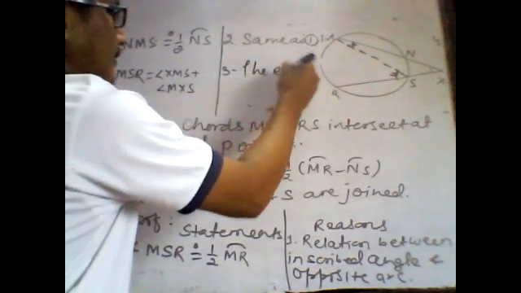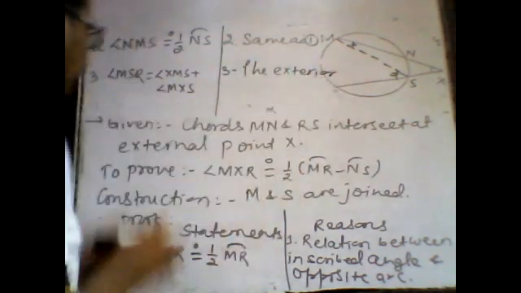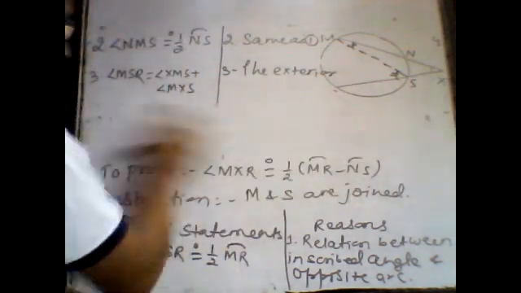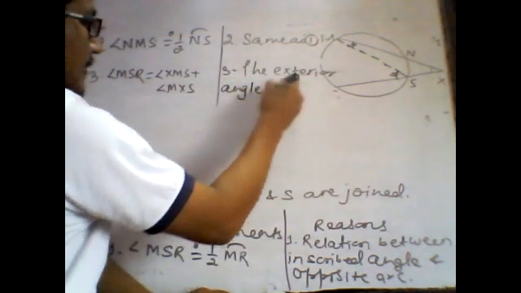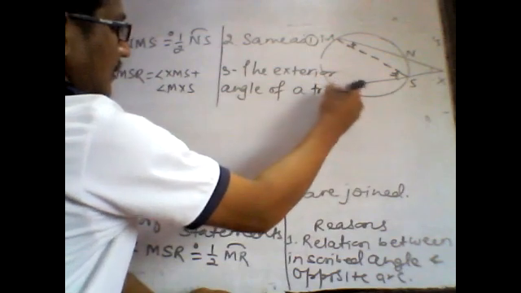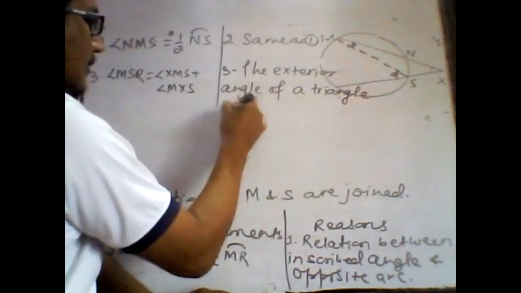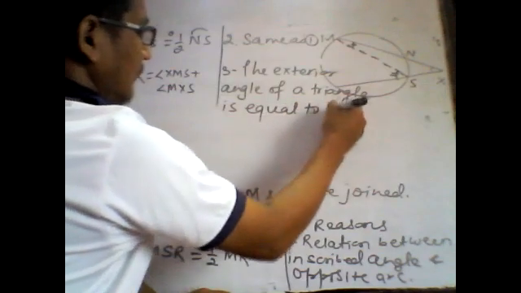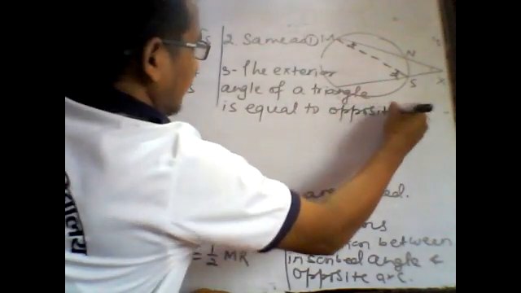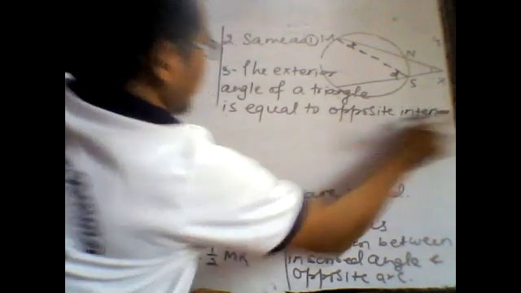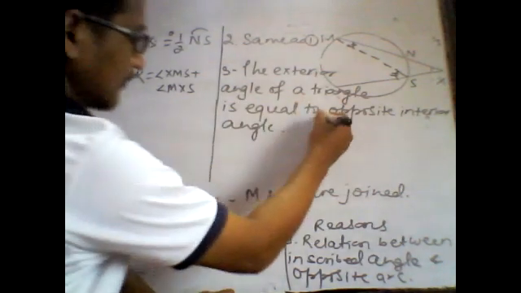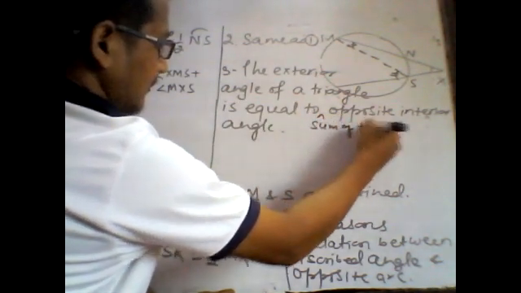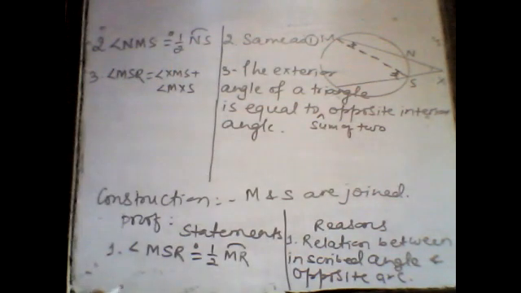The exterior angle of a triangle is equal to the sum of two opposite interior angles.